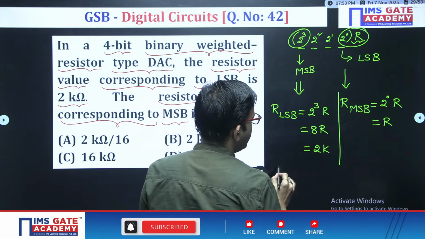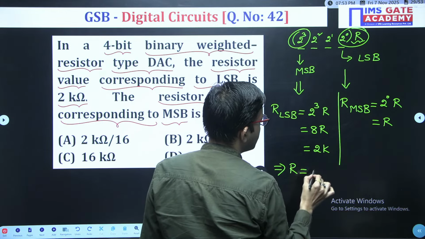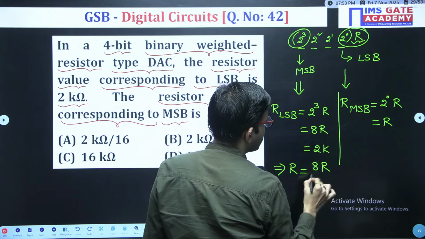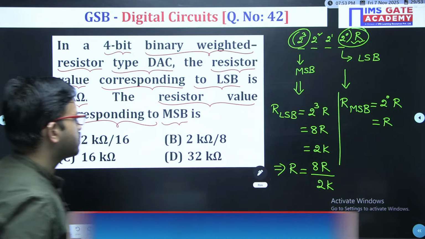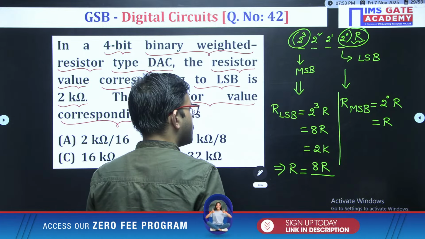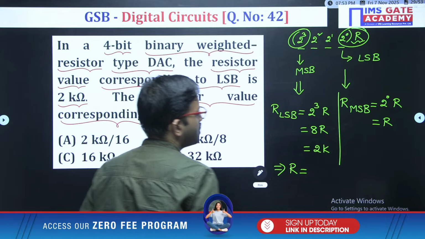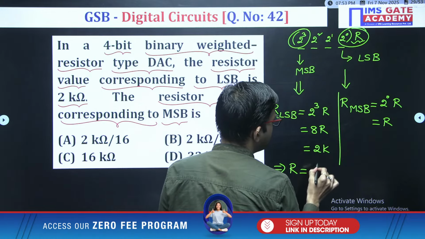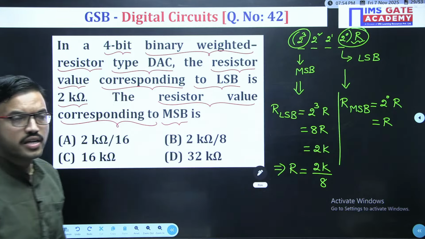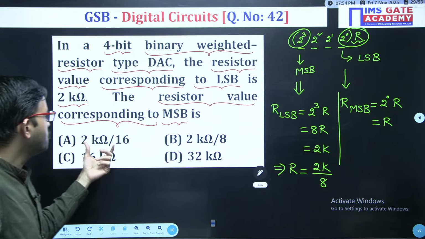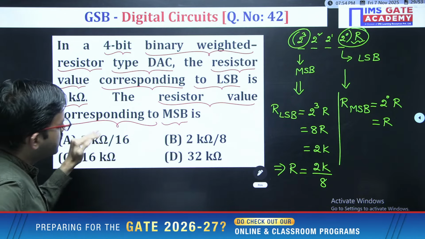So from here what do you get? 8R equal to 2K. So just one second. Yeah, so from here R equal to 2K by 8. Just observe, like 2K by 16, 2K by 8, 2K by 32, normal numbers and a division operation.